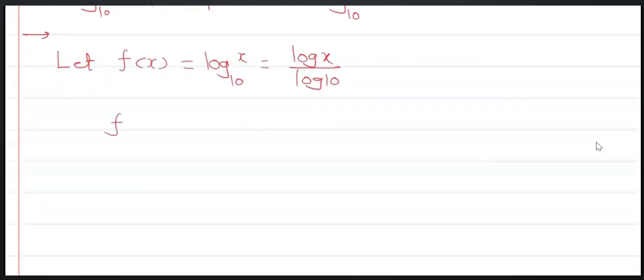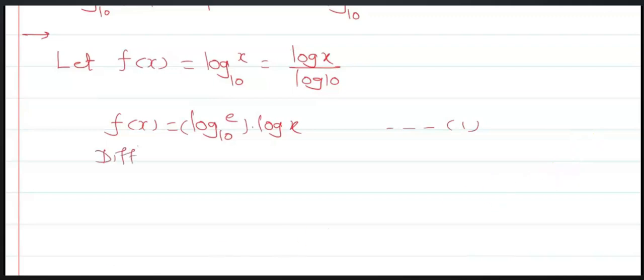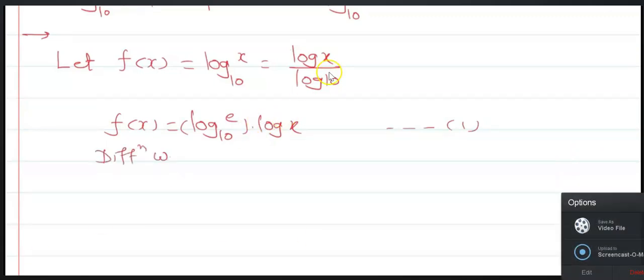Now it can be written as log of x upon log of 10. Now, this is the important step. It's written like this: 1 upon log of 10 to the base e is written as log of e to the base 10, into log of x as it is.